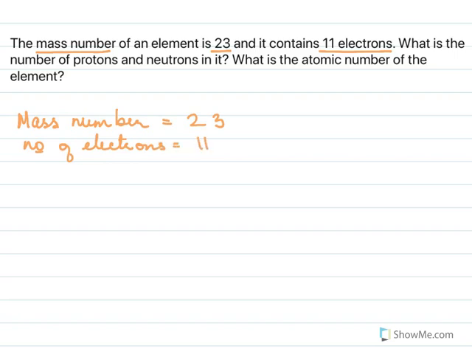What is the number of protons and neutrons? Now, what is mass number? We know mass number is protons plus neutrons. We also know that the number of electrons is equal to the number of protons in a neutral atom.